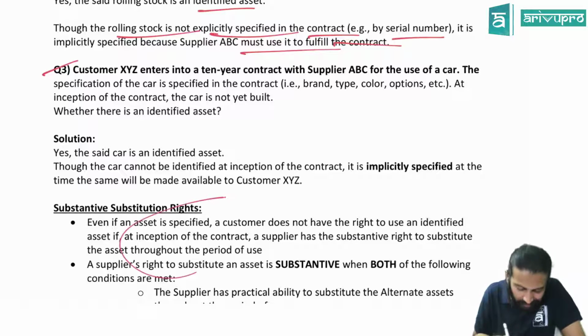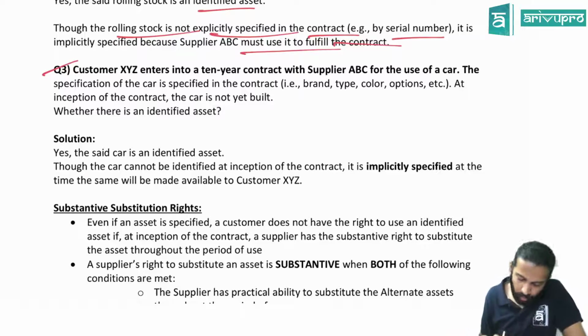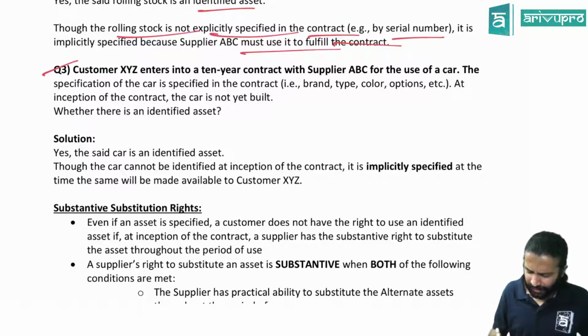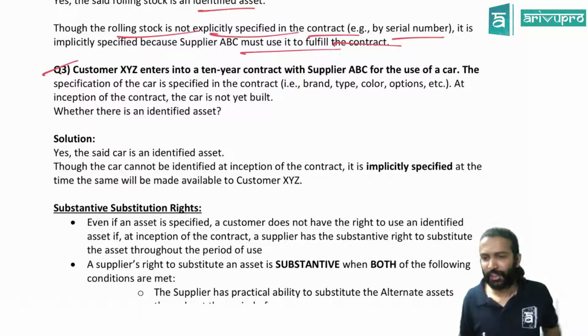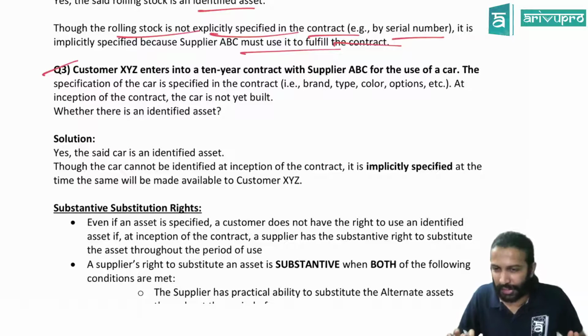You'll have to check this criterion specifically, and based on this we will conclude whether it is an identified asset or not. So I'll put it on hold, since it's related to this. Fine now? In half an hour, wait. Everything will be falling into place. After half an hour, 45 minutes, these sort of questions will be sorted in your mind.